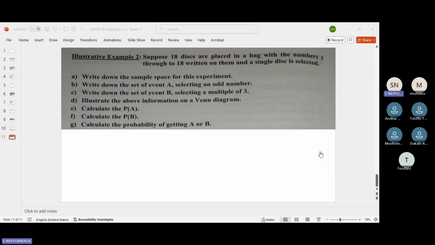Independent event. It's occurring. Did we talk about independent event?